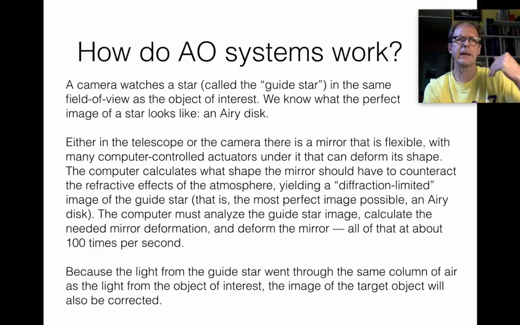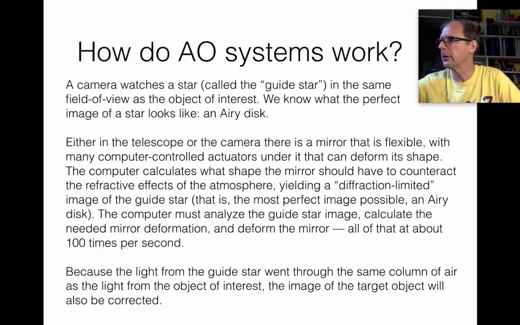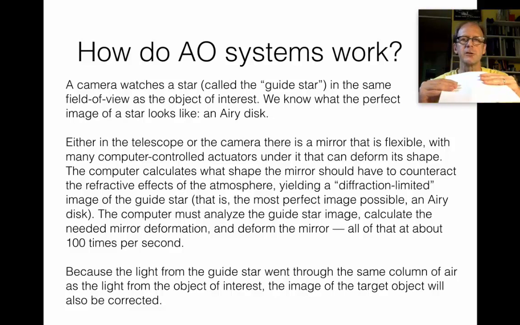So the telescope has a camera that looks at that image, and then somewhere in the camera or in the telescope there's going to be a mirror that is flexible, a mirror that can change its shape, like a piece of paper, or a better analogy would be a thin rubber sheet. And glass, if you make it thin enough, like the thickness of a piece of paper, is actually flexible.